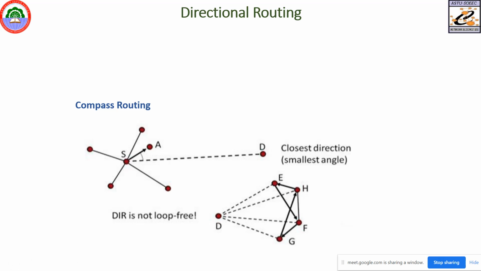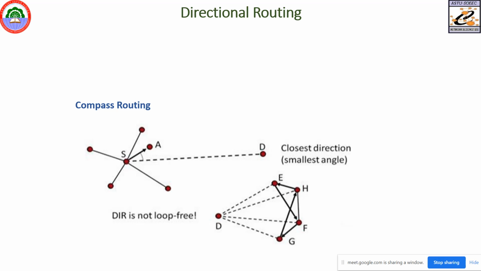So compass routing determines which node has the closest direction, that is, the smallest angle with the source and destination. This is direction based routing.